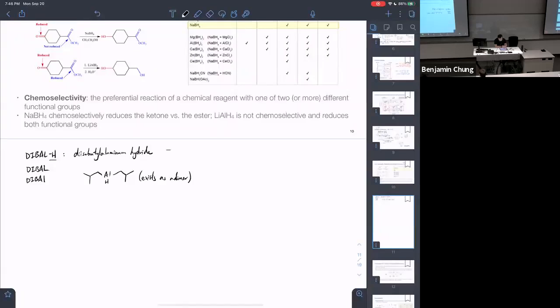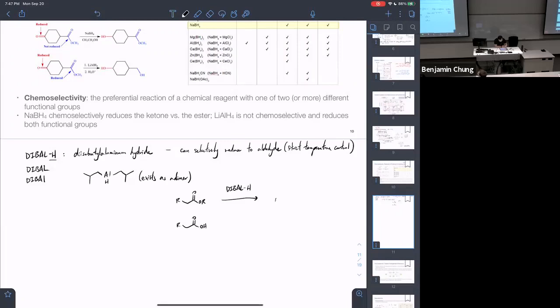And Dibal is special because it can selectively reduce to an aldehyde. But it requires strict temperature control. So we can have either esters or carboxylic acids, and in the presence of Dibal, we can reduce it to the aldehyde.